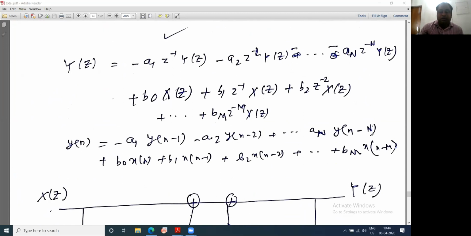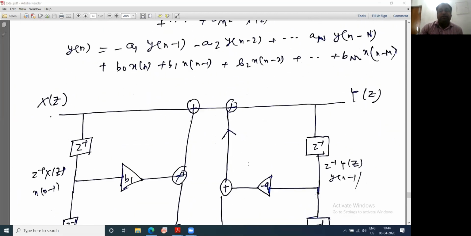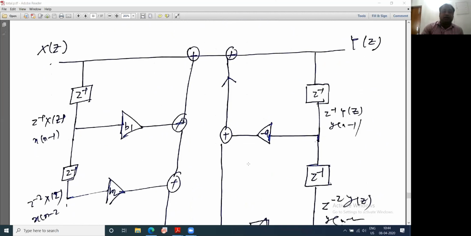Therefore, the total number of delay elements is n plus m. Agreed? Yes. The total number of delay elements is more. So this is the problem in the realization. Realization means I am talking about hardware realization. The delay elements you have to realize in hardware, how do you realize the delay?